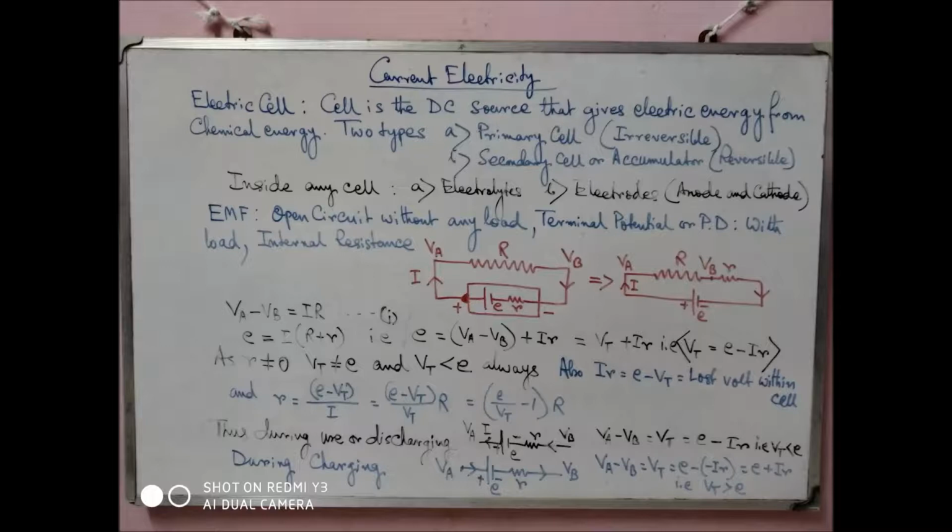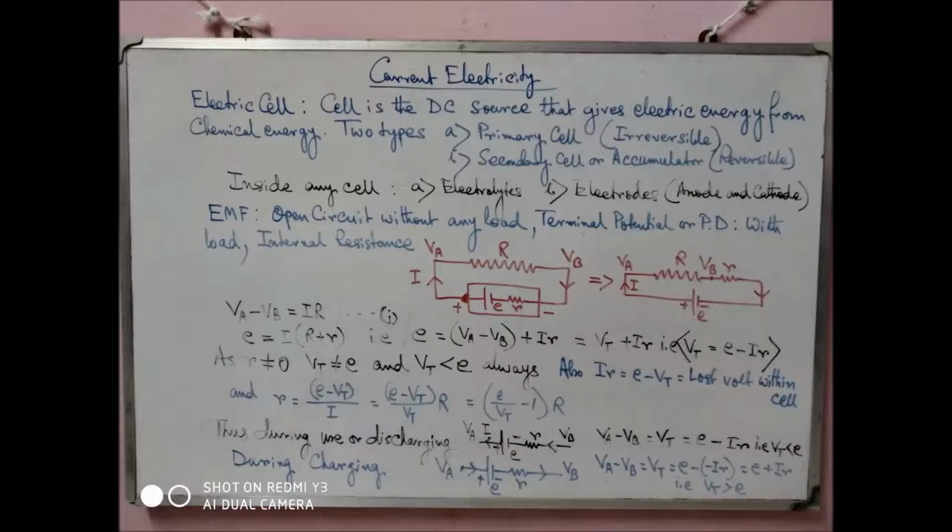So we can take this current as negative with respect to the cell EMF, E. So now VA minus VB, Vt, the name is the same, equals E minus of minus Ir, of minus I r. So ultimately we are getting E plus Ir.